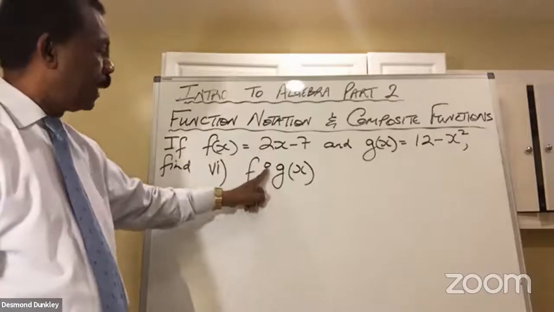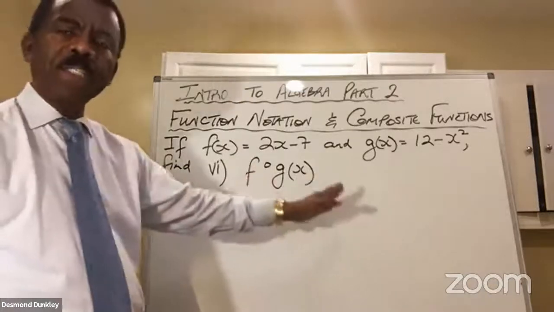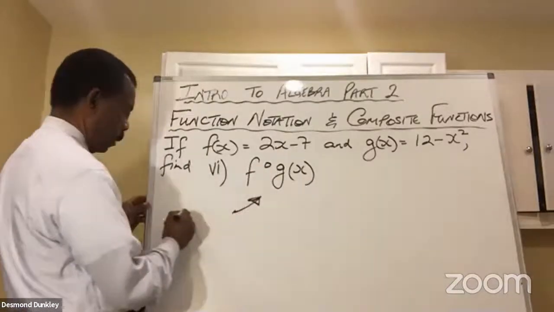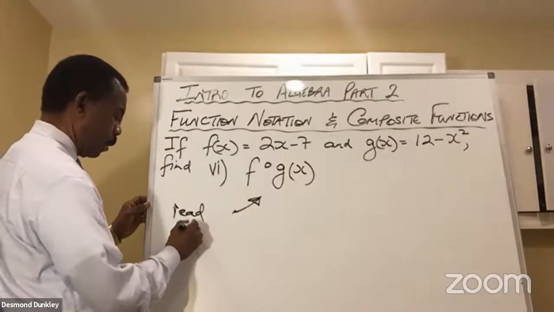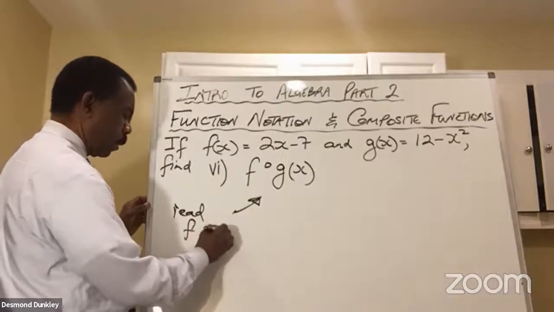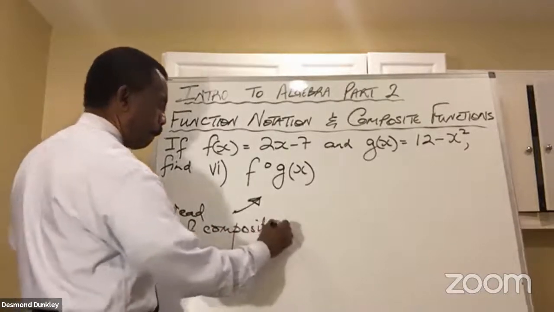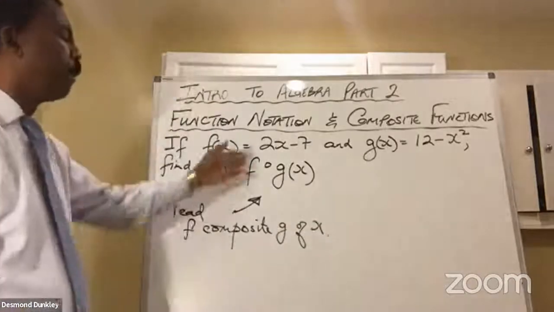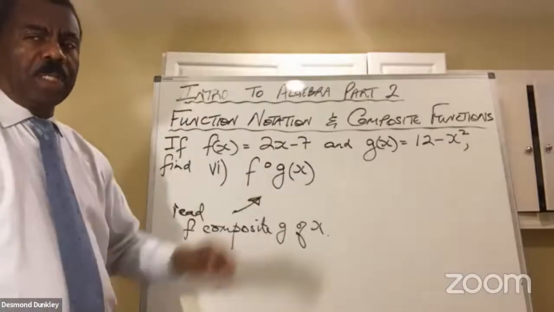So it's f with a little o, g, that is f composite g of x. F composite g of x is a composite function of f and g.